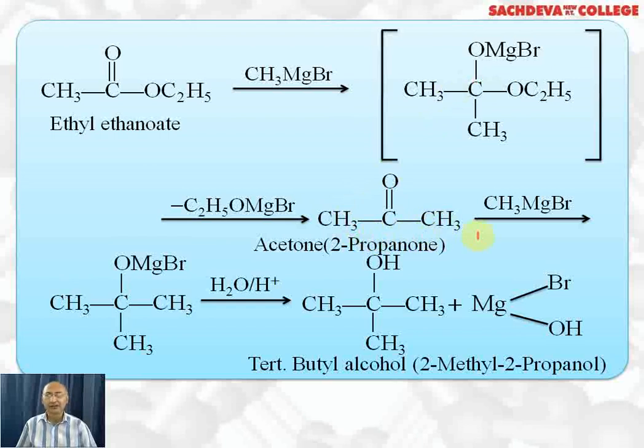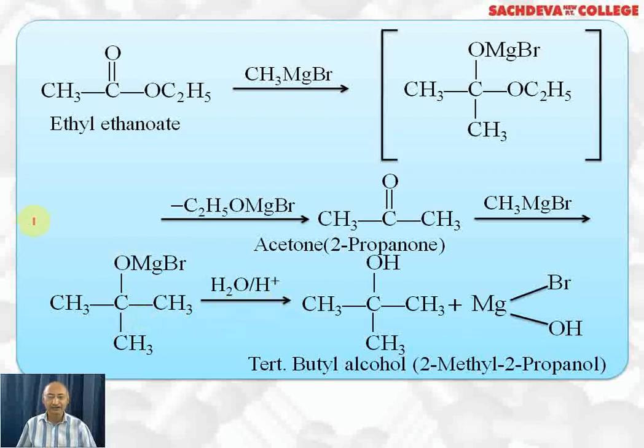Now acetone can further react with methyl magnesium bromide, and this reaction we have taken earlier also. So CH3COCH3, here also this CH3 attacks this carbonyl carbon. This double bond becomes a single bond. Oxygen is negatively charged, which takes up MgBr. So we get tertiary butoxy magnesium bromide.